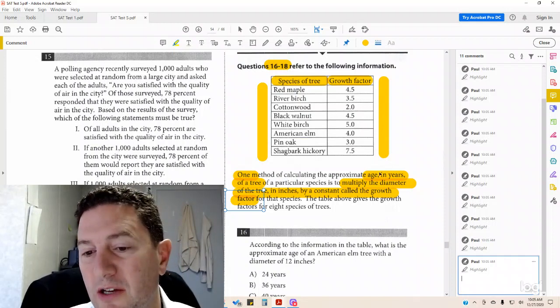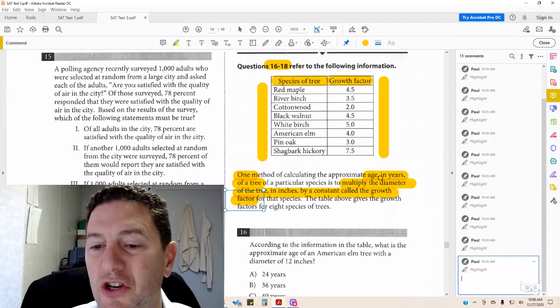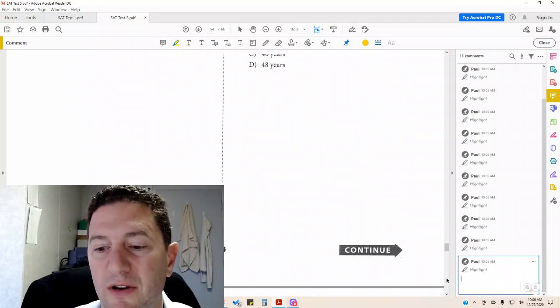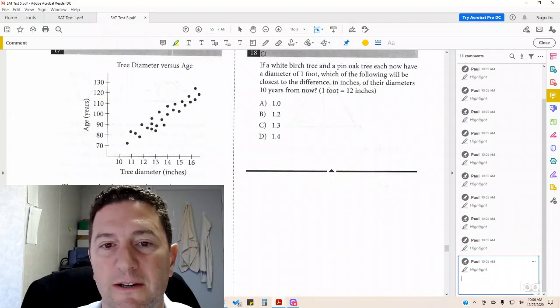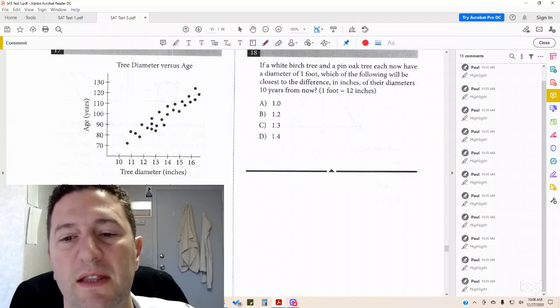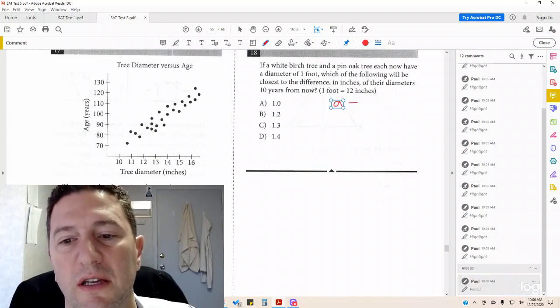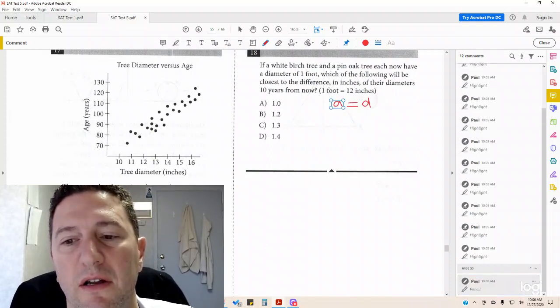Now, we want to make sure that we've got the equation from what it says. I highlighted the part that tells us what the equation is, and I'm going to write it down here by number 18. What it said was the age is the diameter times that constant called the growth factor, A equals D times G.